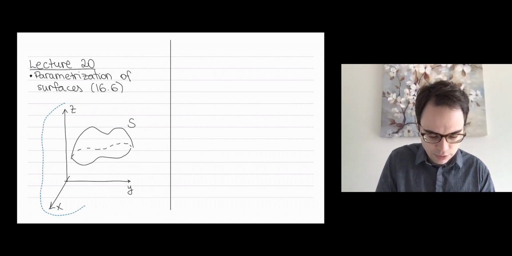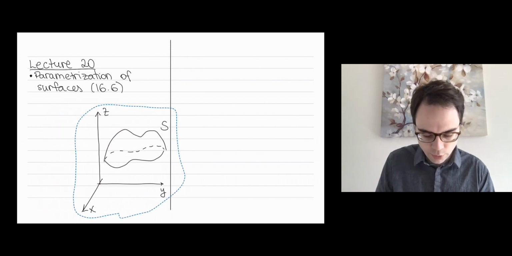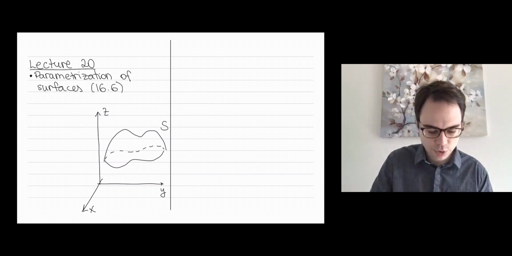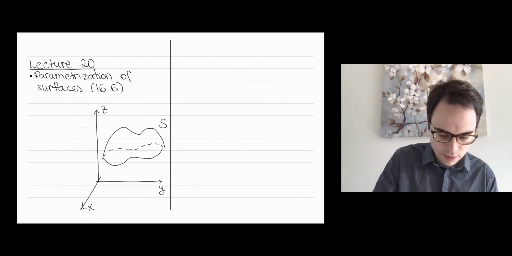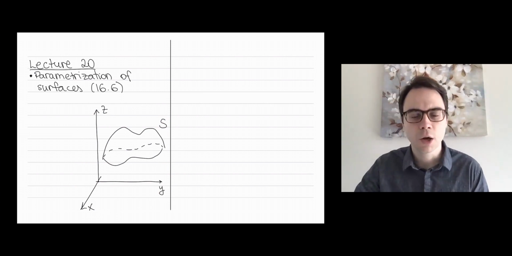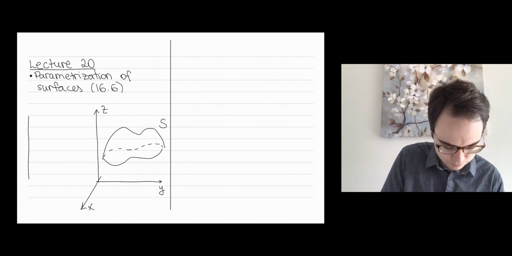I want to describe points in the surface with just two numbers. The parameterization of a curve will describe points on the curve using a single number t. Here, I would like to describe points on the surface S using two numbers u and v.